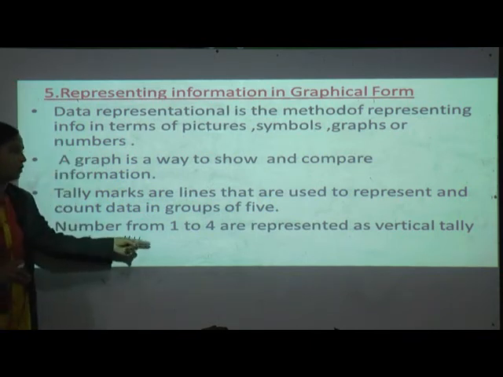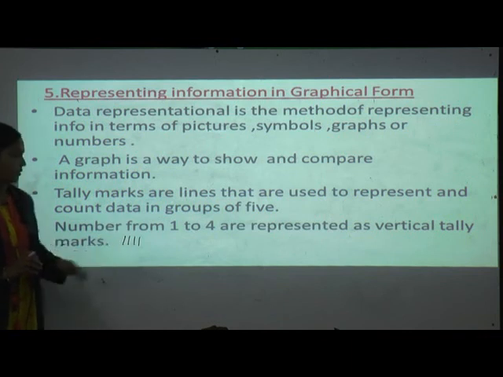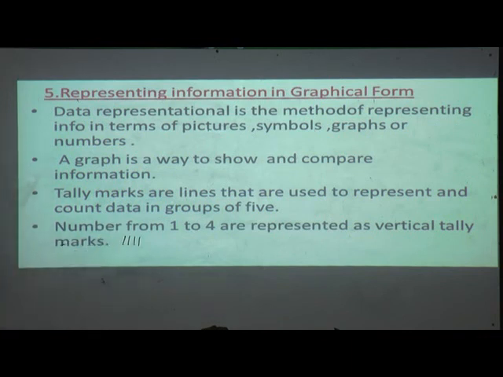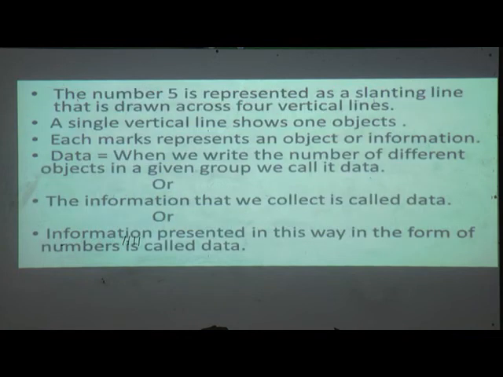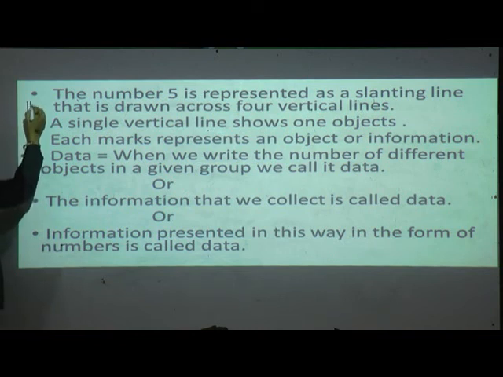The number 5 is represented as a slanting line drawn across 4 vertical lines. Here 1, 2, 3, 4 vertical lines and the 5th represented as a slanting line.